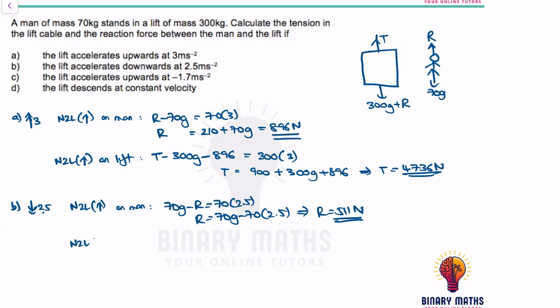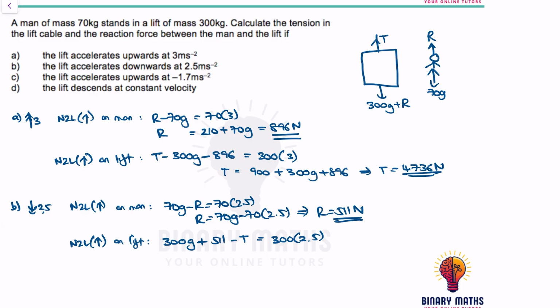Newton's second law applied vertically on the lift. Because it's traveling down, 300g plus R, which is 511, minus tension is equal to 300 times the acceleration, which is 2.5.